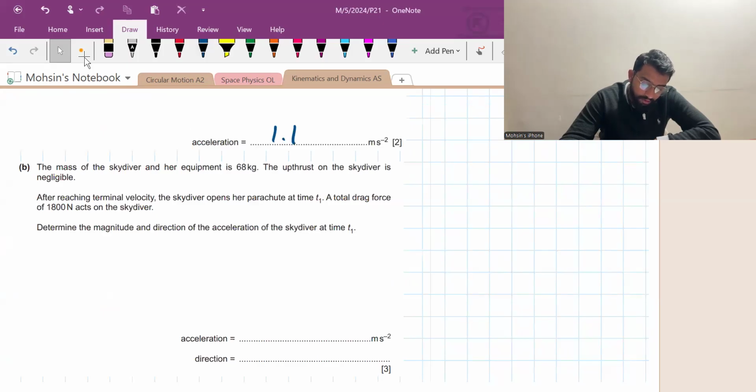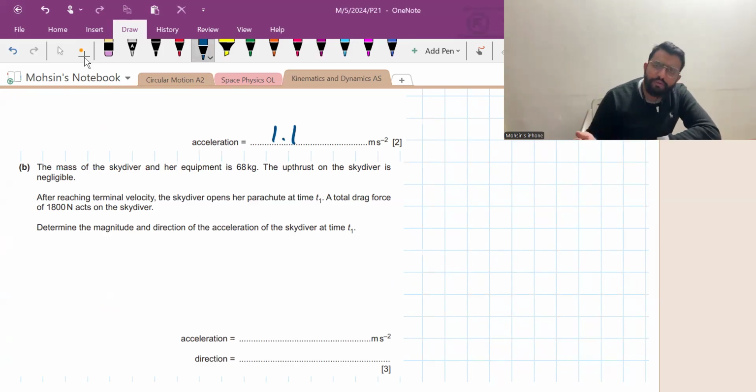So again, no upthrust, it means only weight, which is acting downward, and air resistance, which is acting upward. These two forces are present, and weight can be found by using W equals mg. For this question, drag force and air resistance are the same.